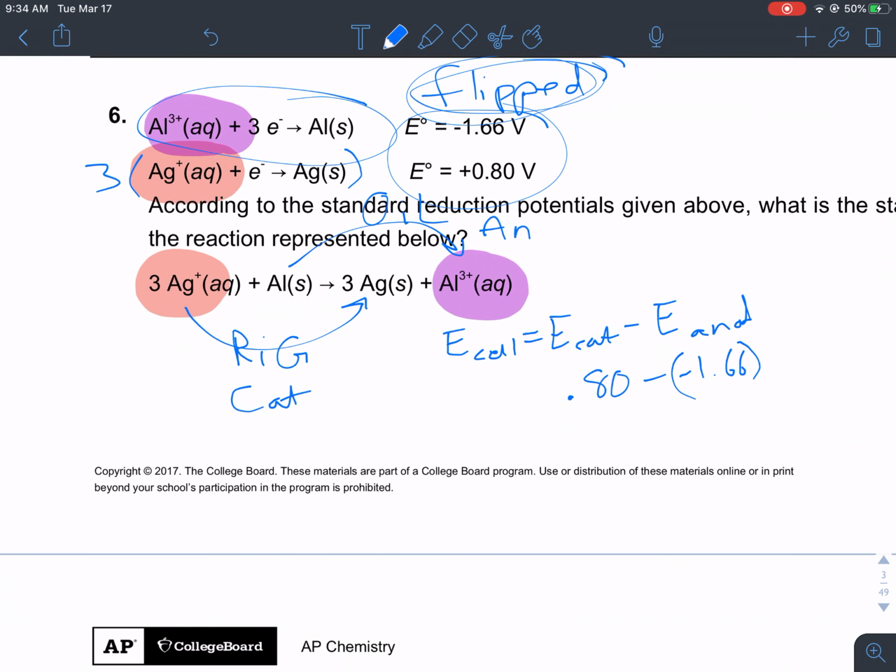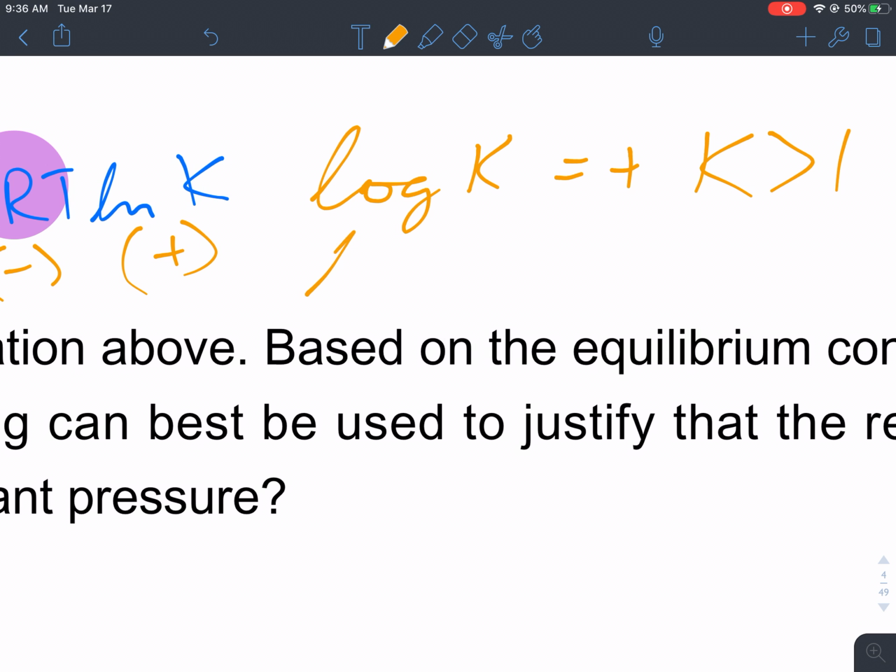Now, how do you get the log of K to be positive? Well, the log of K is a positive number when K is greater than 1, when you produce more products than reactants. The log of K is a negative number when K is less than 1.